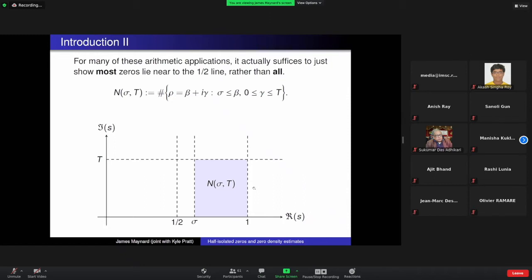It turns out that if you have good bounds on N(sigma, T), then you're showing that there are few zeros of moderate height that lie far away from the half line. And this is actually sufficient for proving results about primes in short intervals.